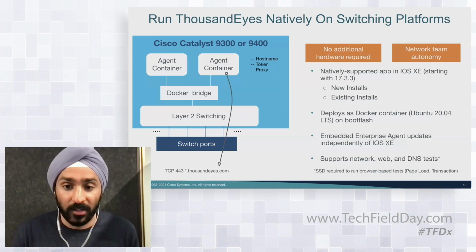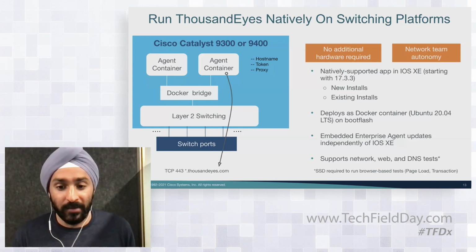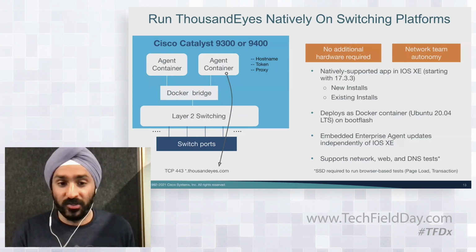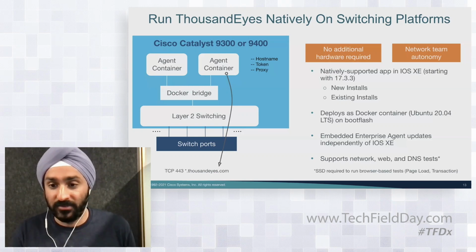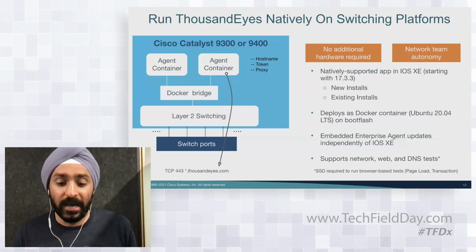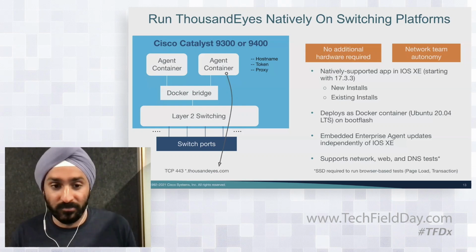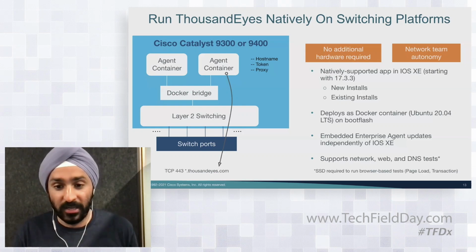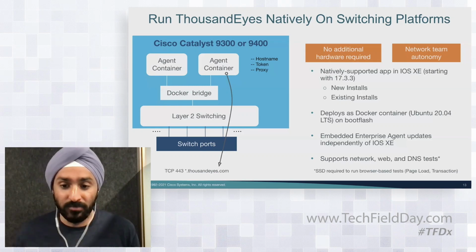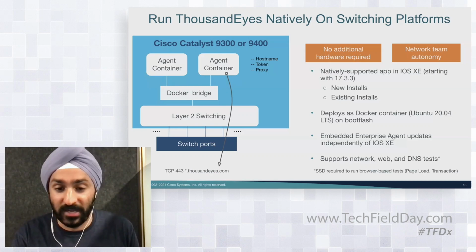If you're an existing install, there are multiple ways of getting the agent onto the 93 or 9400 using iOS XE. You can use a direct web link where we host our image and pull that down directly from the switch. If you don't have direct internet access, you can download it locally and upload it onto boot flash and make sure the agent is connected out to ThousandEyes.